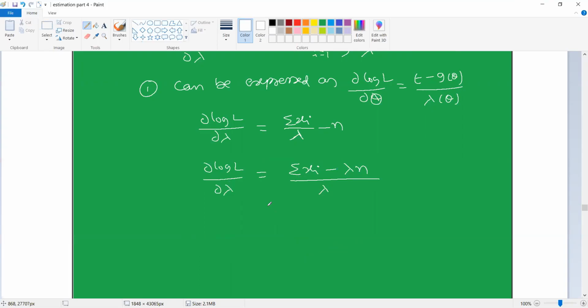This is not yet of the form t minus g of theta. So convert the numerator into that form by dividing numerator and denominator by n. Summation xi by n is purely a function of sample observations, and the other term is a function of lambda, with lambda by n in the denominator.